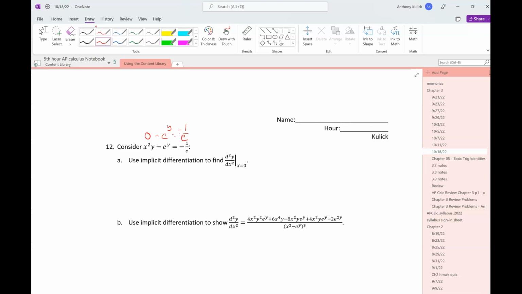And if I multiply both sides by negative 1, I get e to the y equals 1 over e. And you could take the natural log of both sides. When you do that, you get y is negative 1. Or you could just eyeball it. I know e to the negative 1 is 1 over e. I would recognize that. But if you didn't, just do the natural log of both sides, and the natural log of 1 over e is just negative 1. You could type that into your calculator. There's no problem doing that.